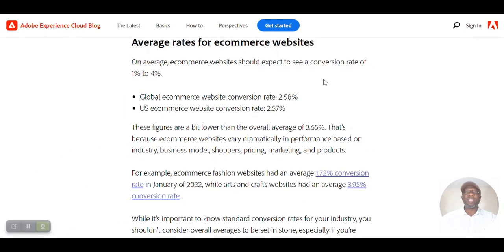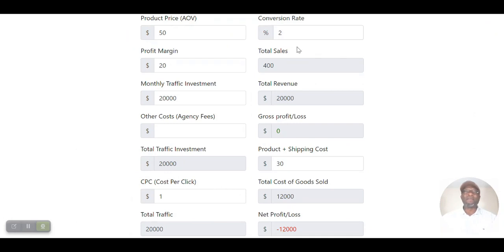Okay, like I said just now, I've got two e-commerce businesses myself. Anytime we start advertising, we usually don't even get up to 1% conversion, except we start optimizing before we get a little bit higher. But in this case, let's leave that at 2%, which is average. So they are getting 20,000 visitors per month.